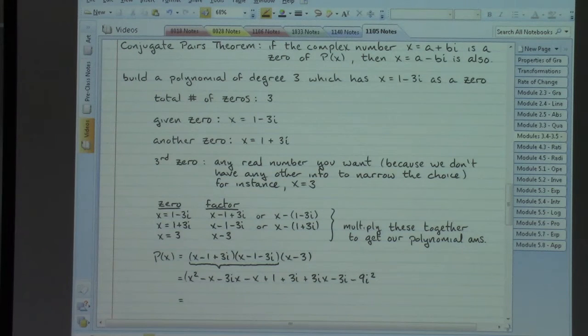Good gracious, all of that coming from that multiplication. And that doesn't even bring in the x minus 3 yet.